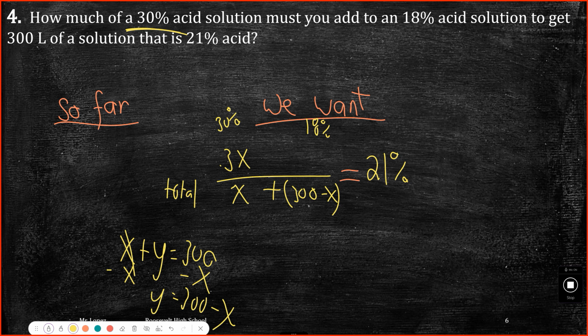Yes. So what goes on top? Plus what? Plus 0.18 times what? Isn't it 300 minus x, times whatever that amount is?